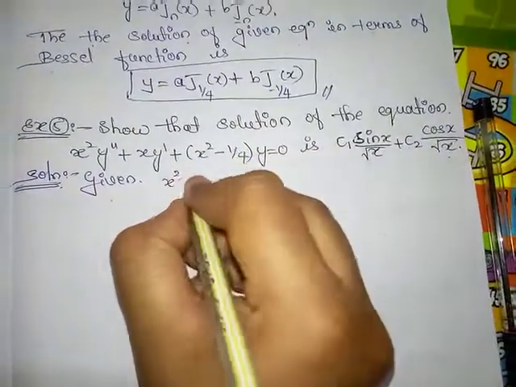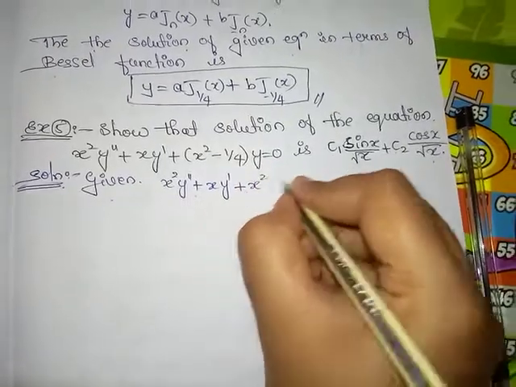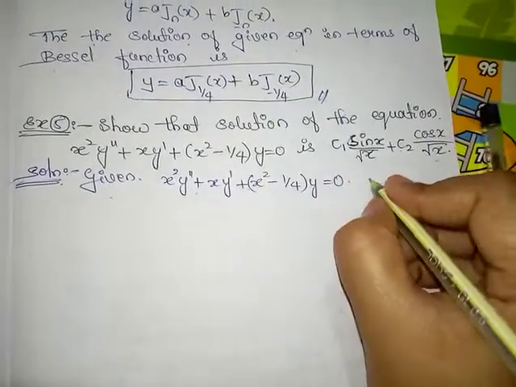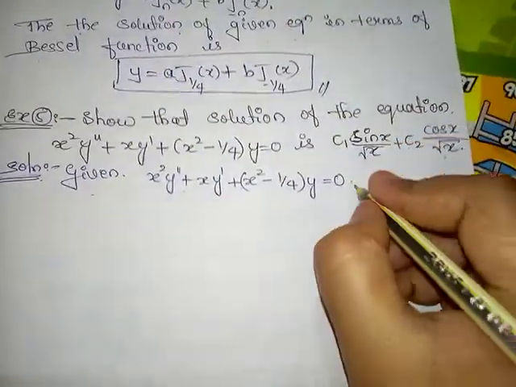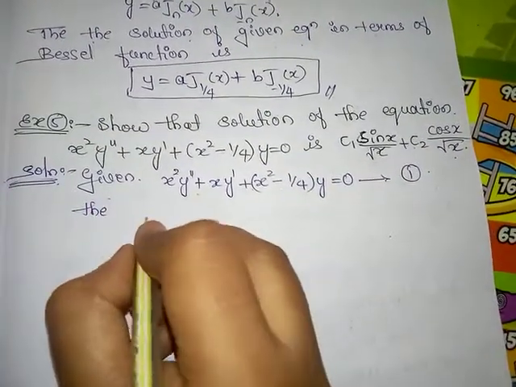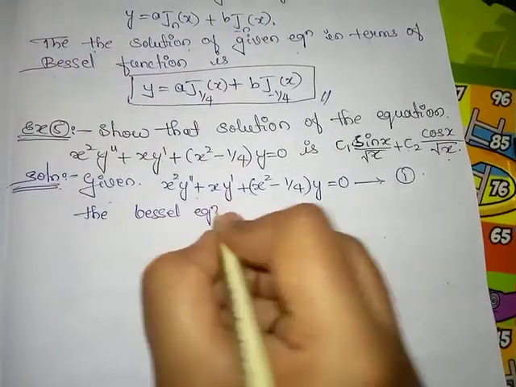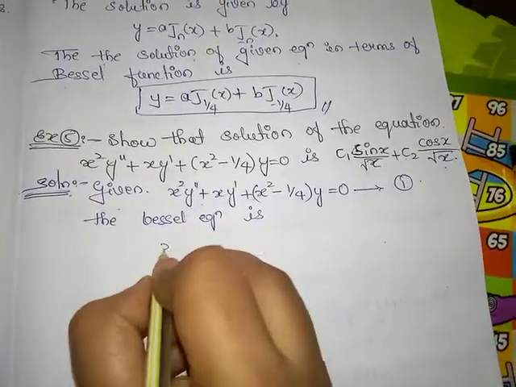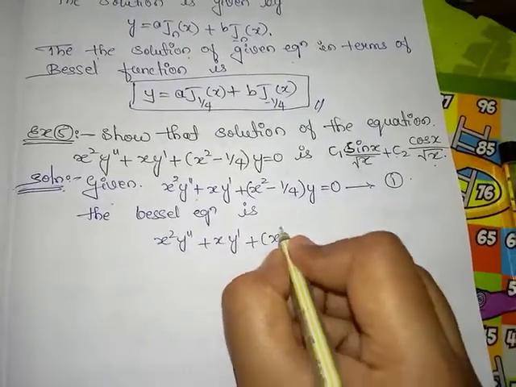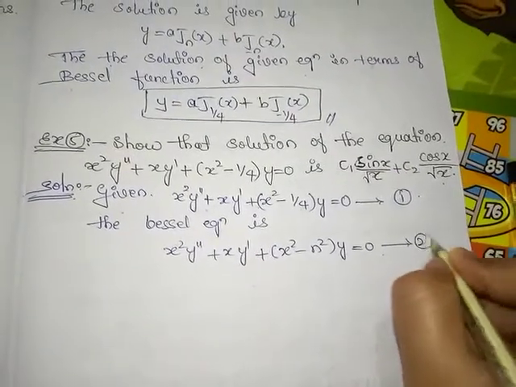Given x² y'' + x y' + (x² − 1/4) y = 0. Name this as equation 1, and the Bessel equation is x² y'' + x y' + (x² − n²) y = 0, equation 2.